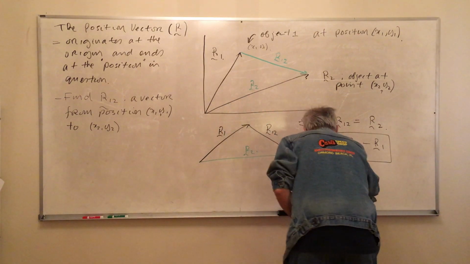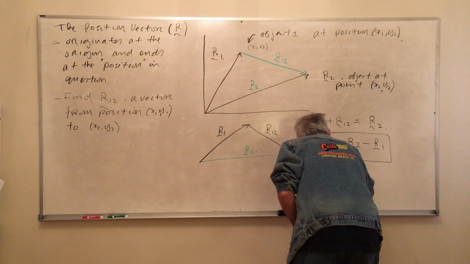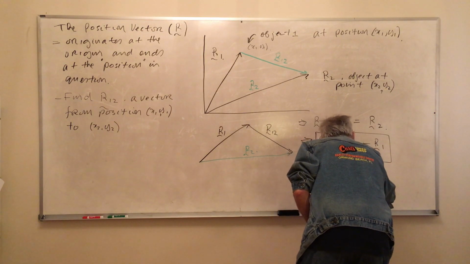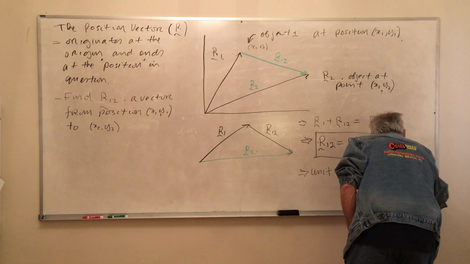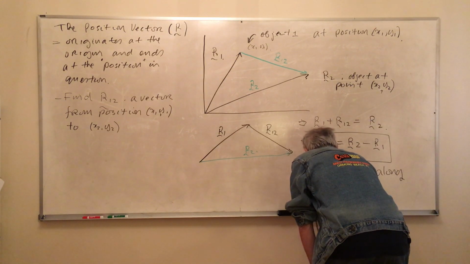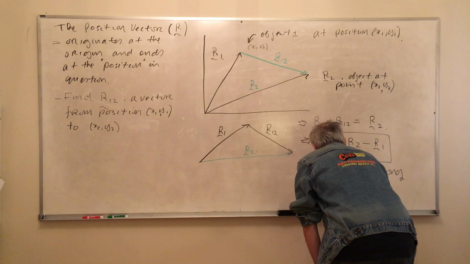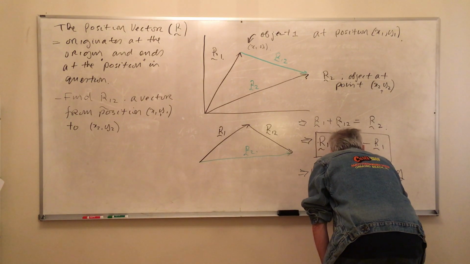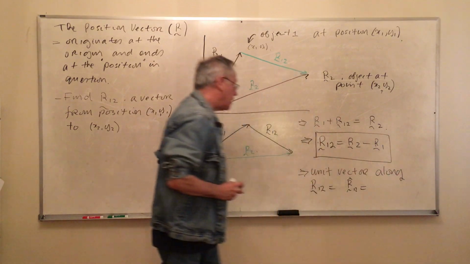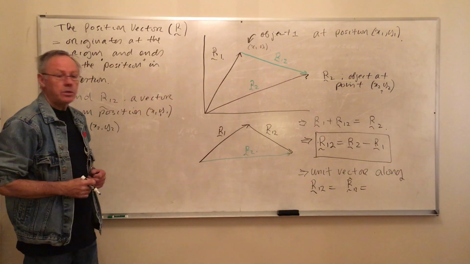And a unit vector in that direction is the same old thing: R12 with a hat on it.